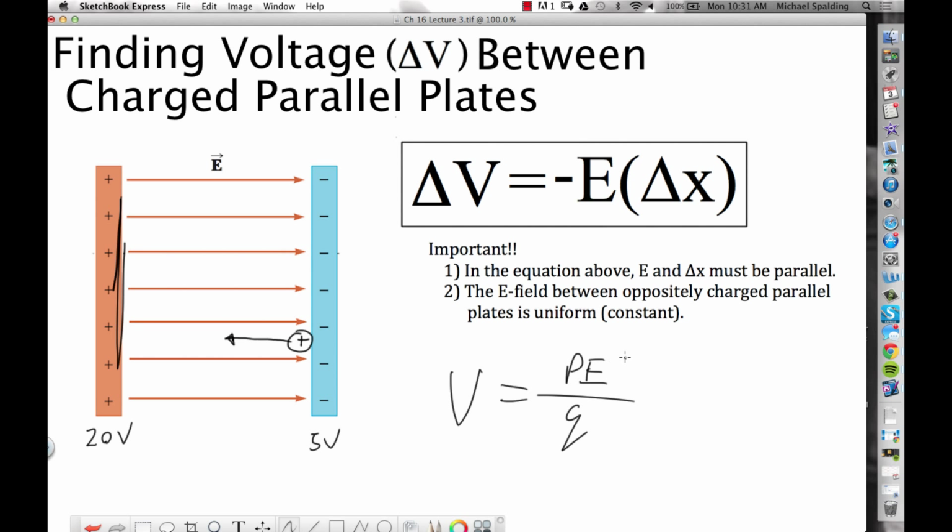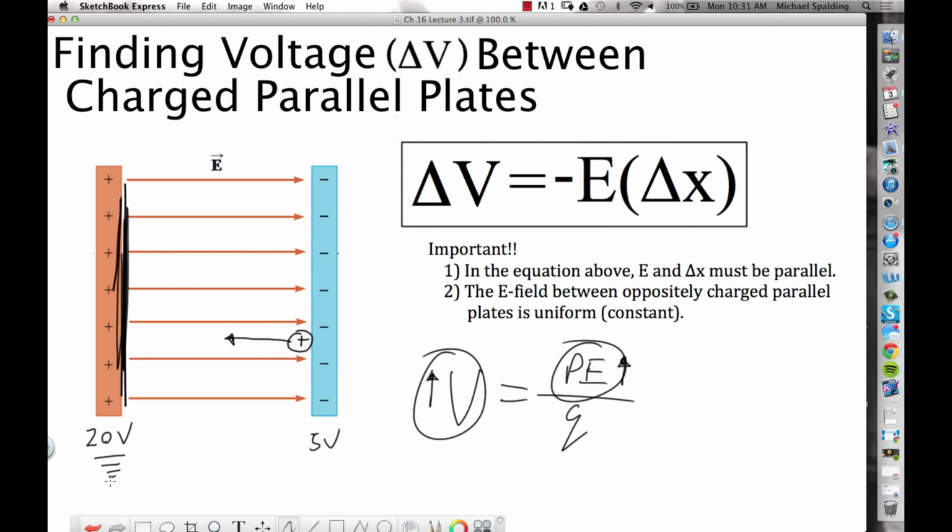So if potential energy goes up for a little positive guy, that means the electric potential goes up. If this increases, then that increases. Does that make sense? Everything is based on a little positive. Where does the little positive guy have more potential energy? He would have more potential energy over here, which means that electric potential is higher at the positive plate.